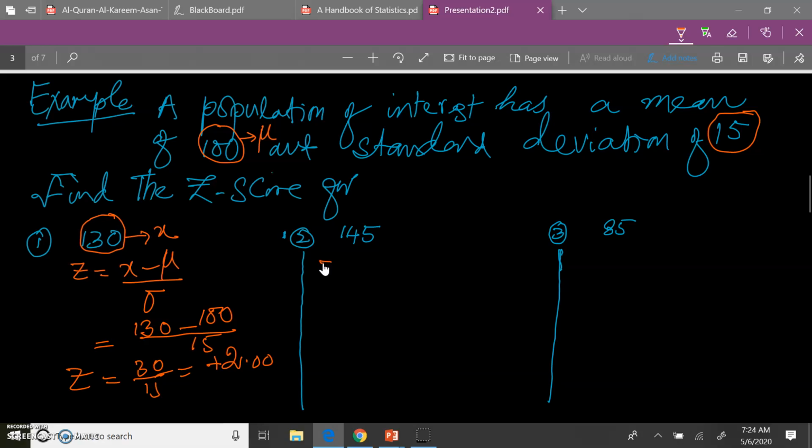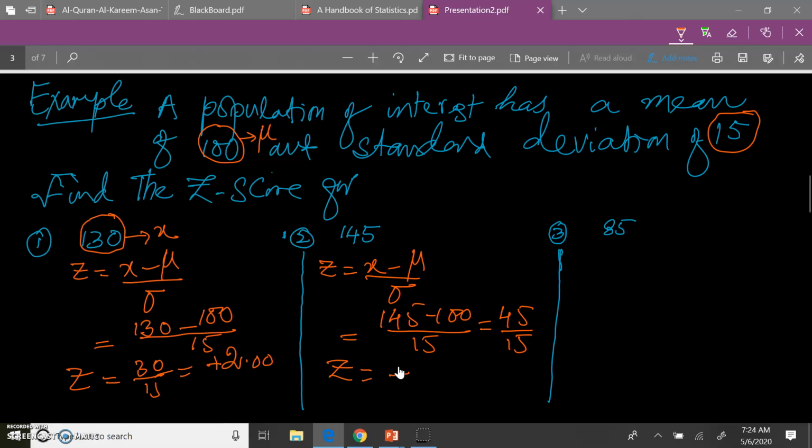It's the same formula, z equals x minus mu over sigma. We have x equal to 145 minus 100, divided by 15. This comes out to be 45 divided by 15, and the z value comes out to be a plus 3. Now this is the z-score for this observation.